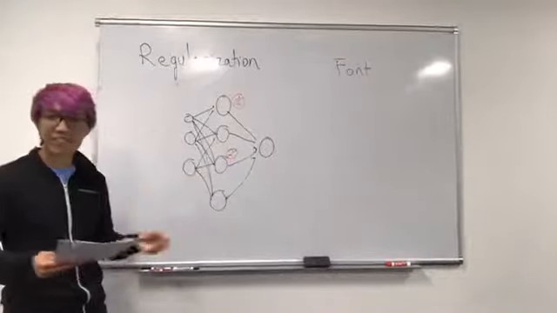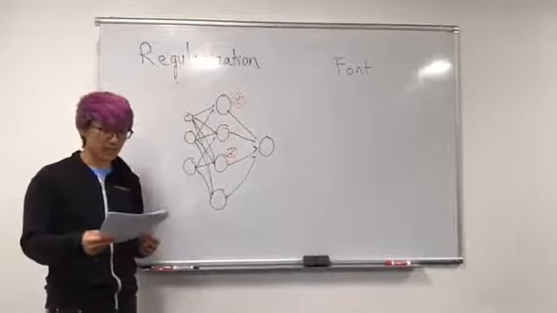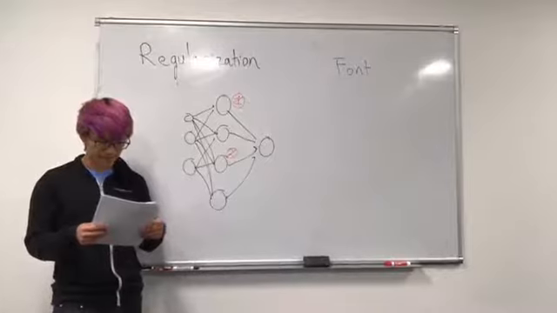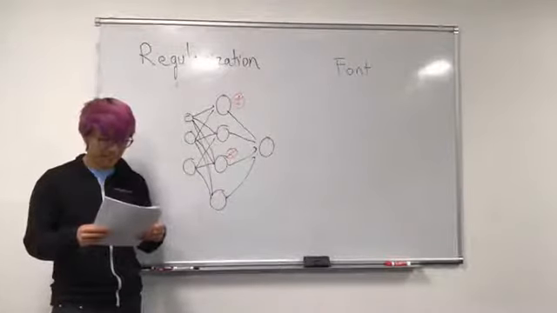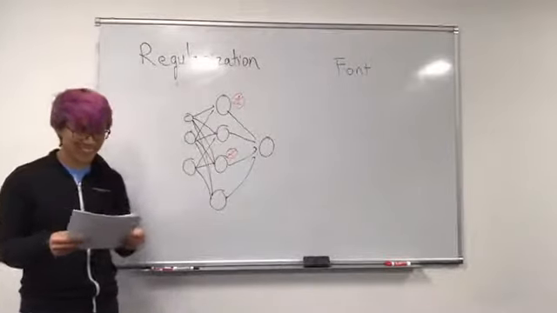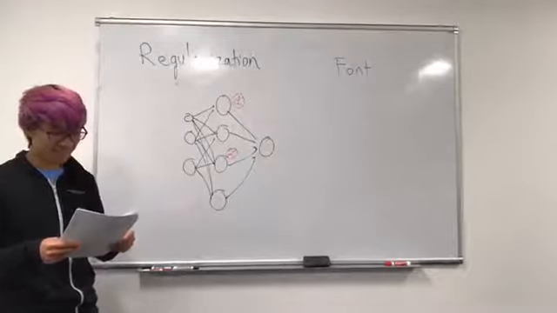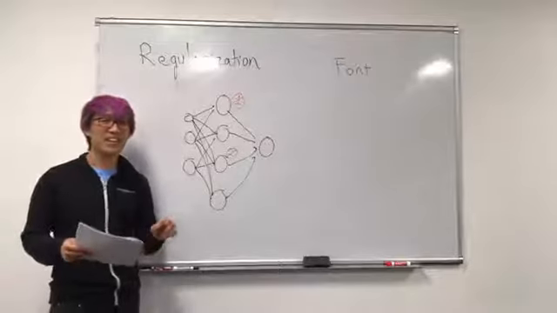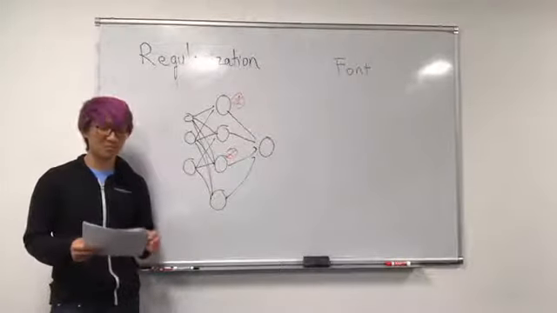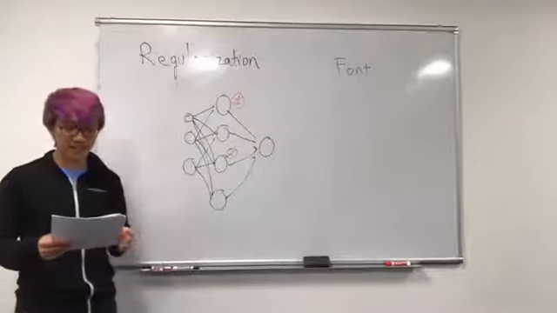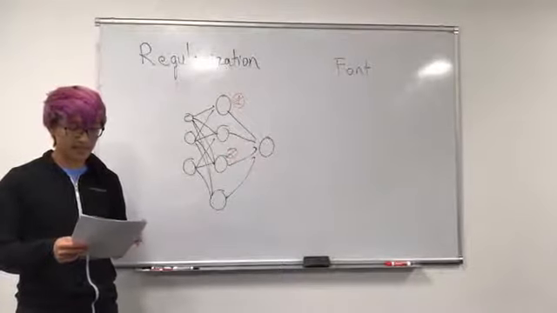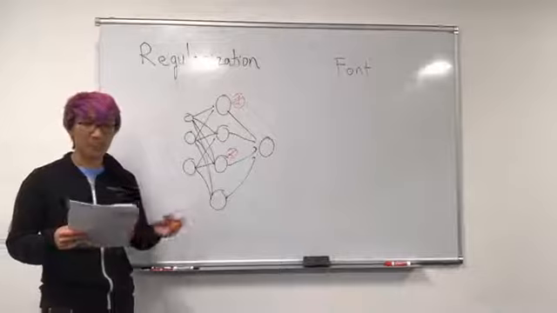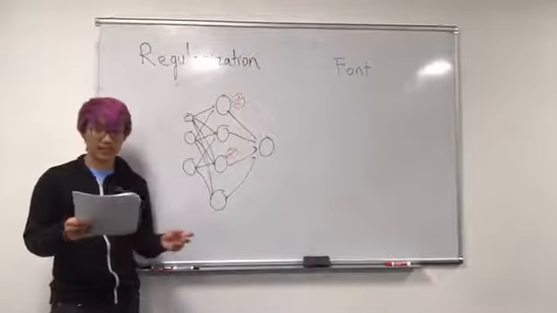is we can just add random noise to our input data. Sorry, I take that back. We're not adding random noise to our input data. You can think of Dropout as one technique to add noise to your hidden data.